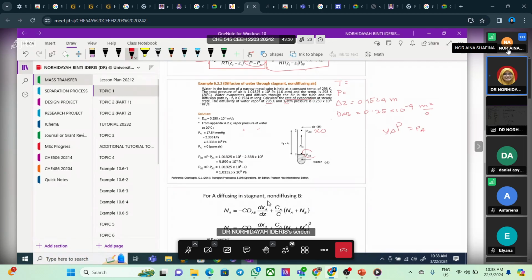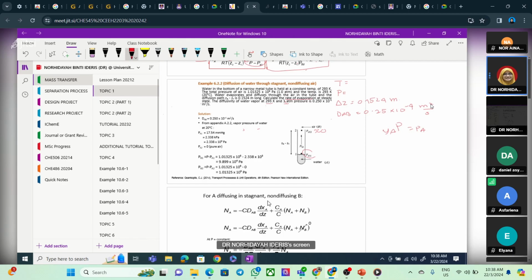Okay, so kita tak nampak lah sebab it happens at a molecular level, right? But actually when we have one container, we fill it with water, there is a molecule of water that escapes and becomes vaporized, and actually there is a gas molecule of water that is condensed back into the liquid.